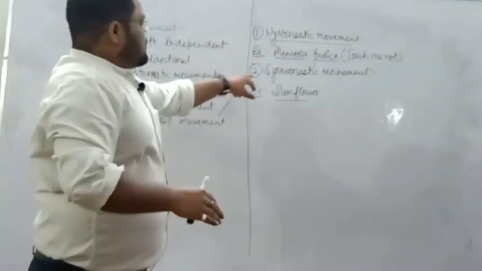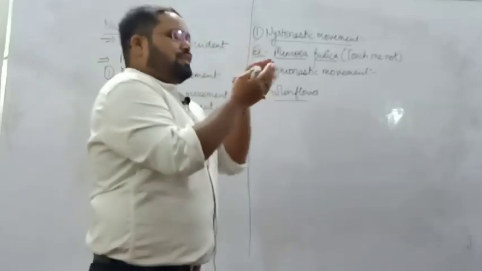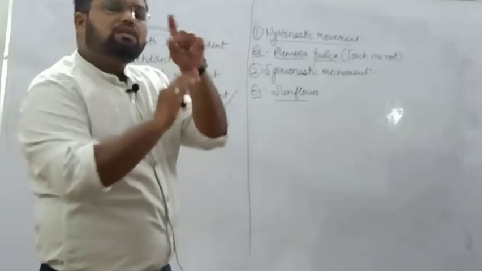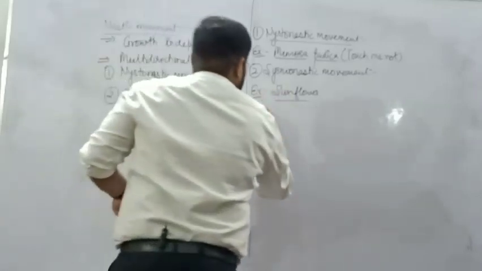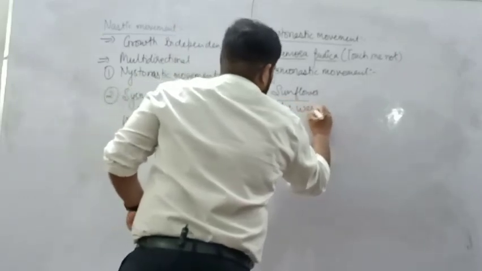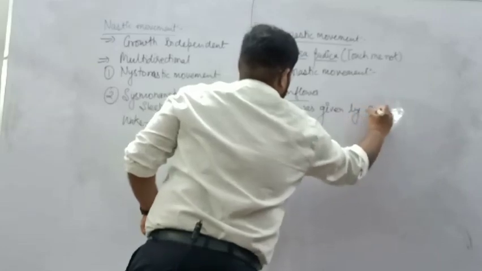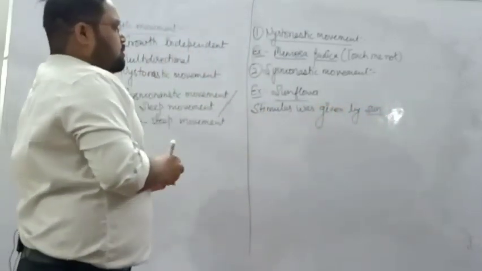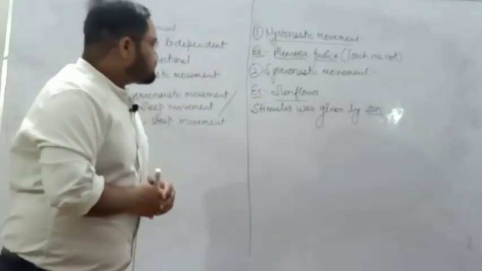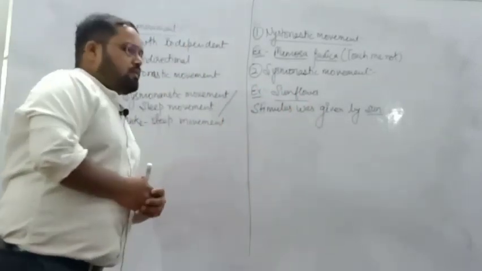It means in seismonastic movement, the sunflower follows the direction of the stimulus which is given by the sun. I think you are clear on this one. Why is it called sleep movement or sleep wake movement?